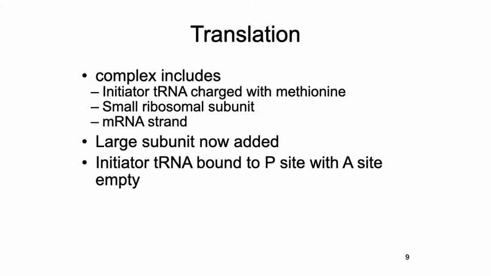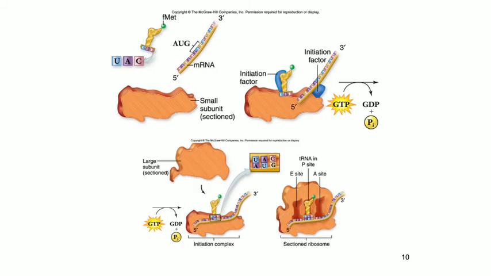Okay, let's see where this is all happening. Here you have your small subunit of the ribosome. Next, the messenger RNA that you transcribed in the nucleus and are now ready to translate in the cytoplasm is going to come and land itself on the small subunit. Here in the bottom, you can see how it's already sitting on that small subunit.